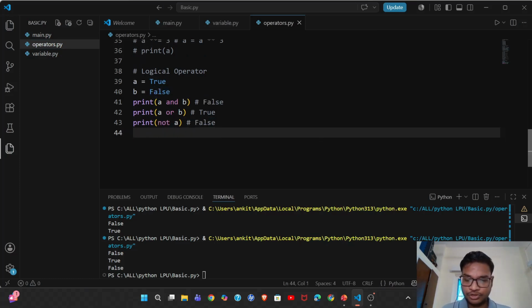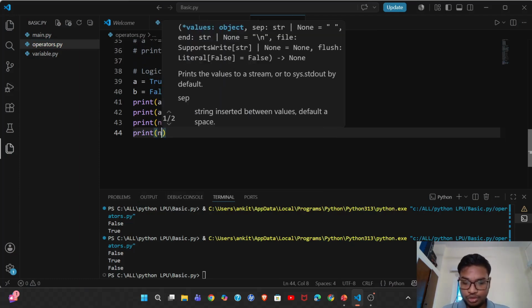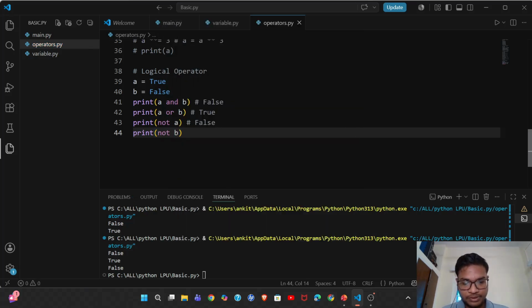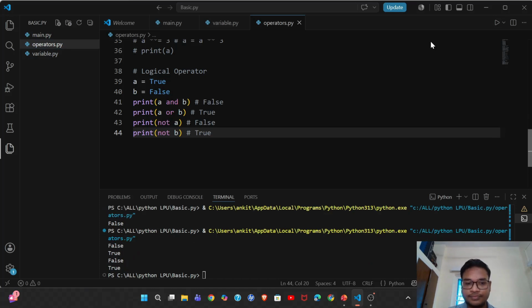So also try print not of B. Since B equal to false, the output is true. Correct.